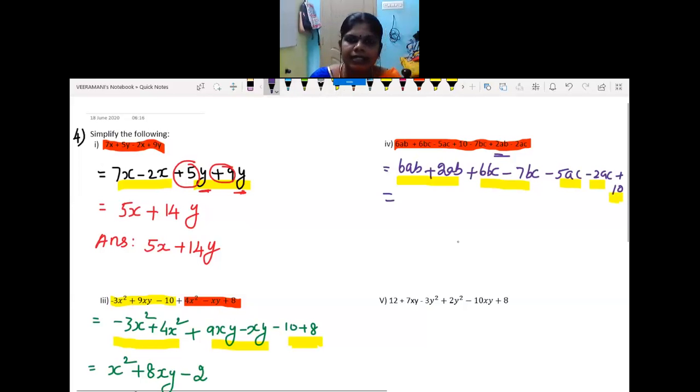6ab, 2ab are like terms, 6bc, 7bc are like terms, 5ac, 2ac are like terms, and this is constant. Okay. Now add this first two. ab is a common variable. So 6 plus 2 you get 8. So 8ab. Next. Plus 6 minus 7 you get minus 1. So minus bc. Next. ac is the common variable. Minus 5 minus 2 you get minus 7ac plus 10.